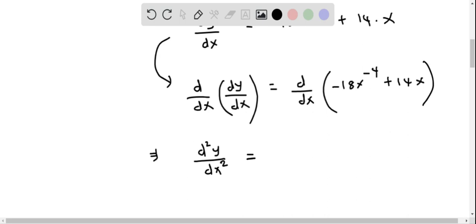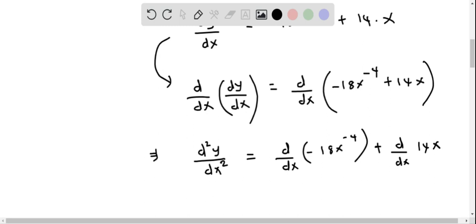So here I'm going to apply the sum rule first. So I write down this as d by dx of negative 18x power minus 4, that is for the first term, and similarly I put the derivative symbol, that is d by dx of 14x. Once again, I see that I have some constants in each of those terms, so I'm factoring negative 18 from the first term and 14 from the second term.